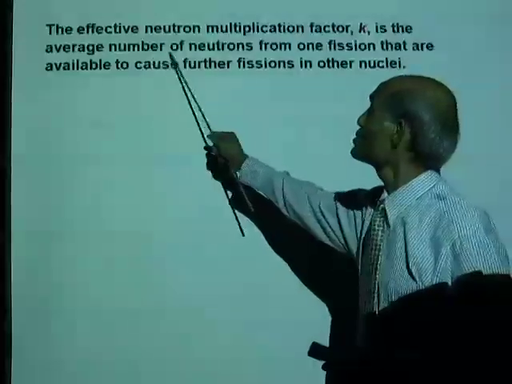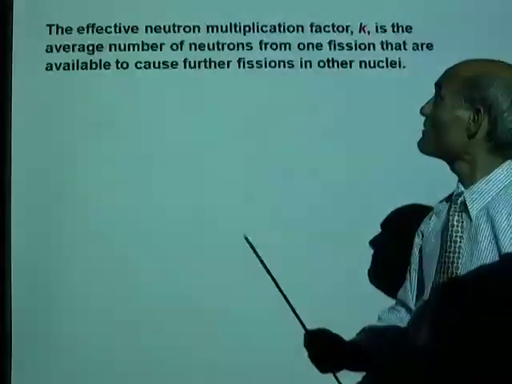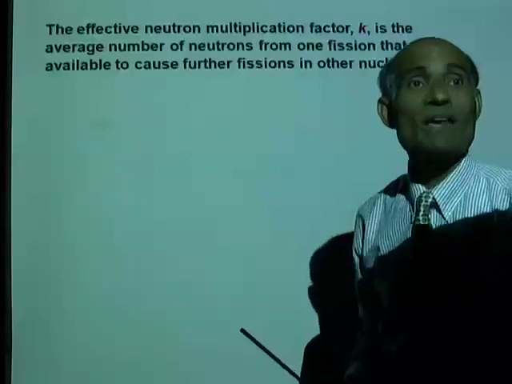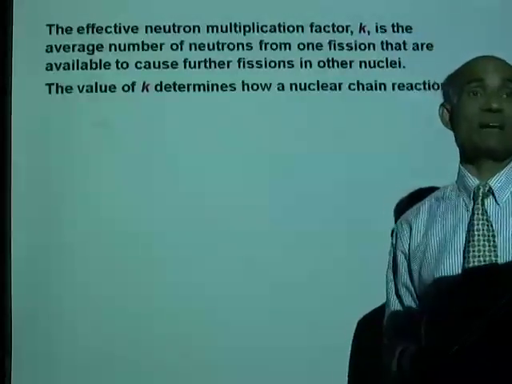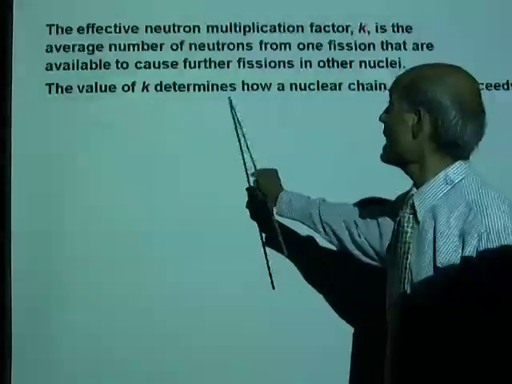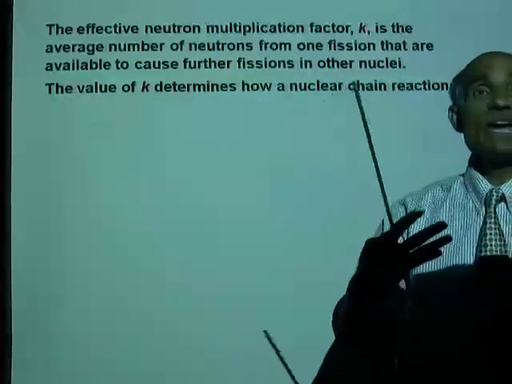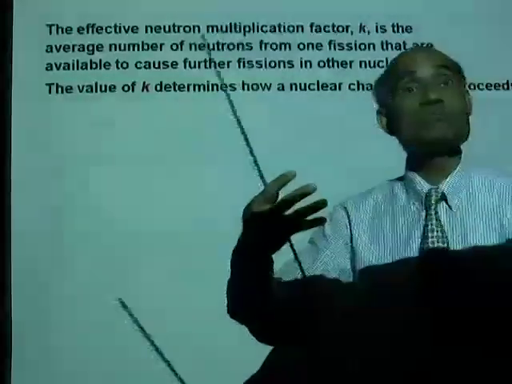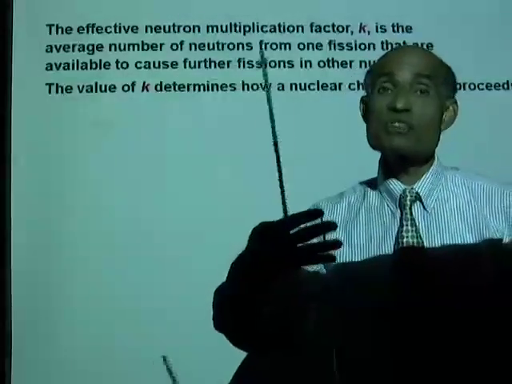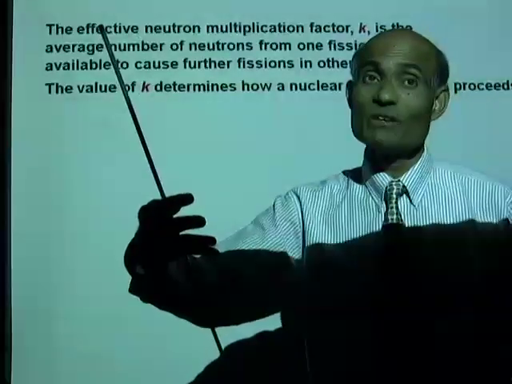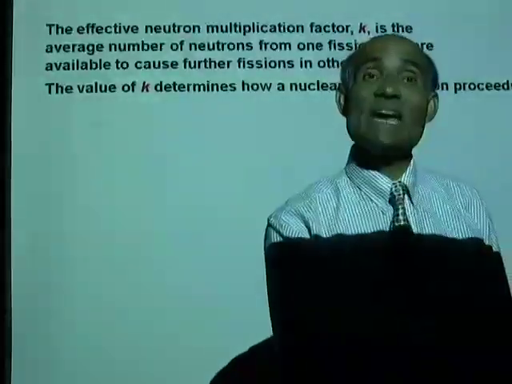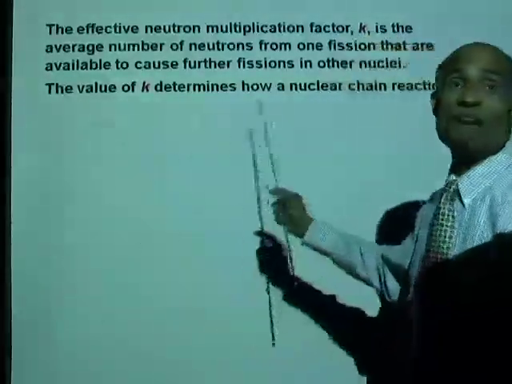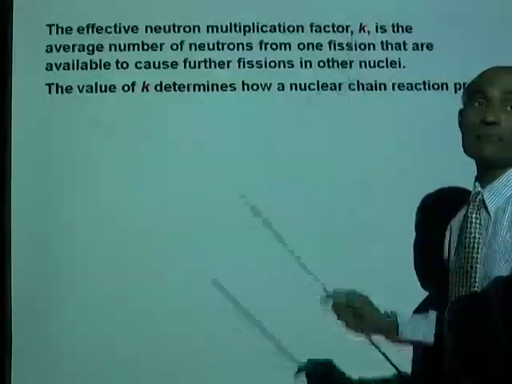It's the average number of neutrons from one fission that are available to cause further fission in other nuclei. The value of K determines how a nuclear chain reaction proceeds. Can a chain reaction proceed, or will it die down? It depends on the value of K.